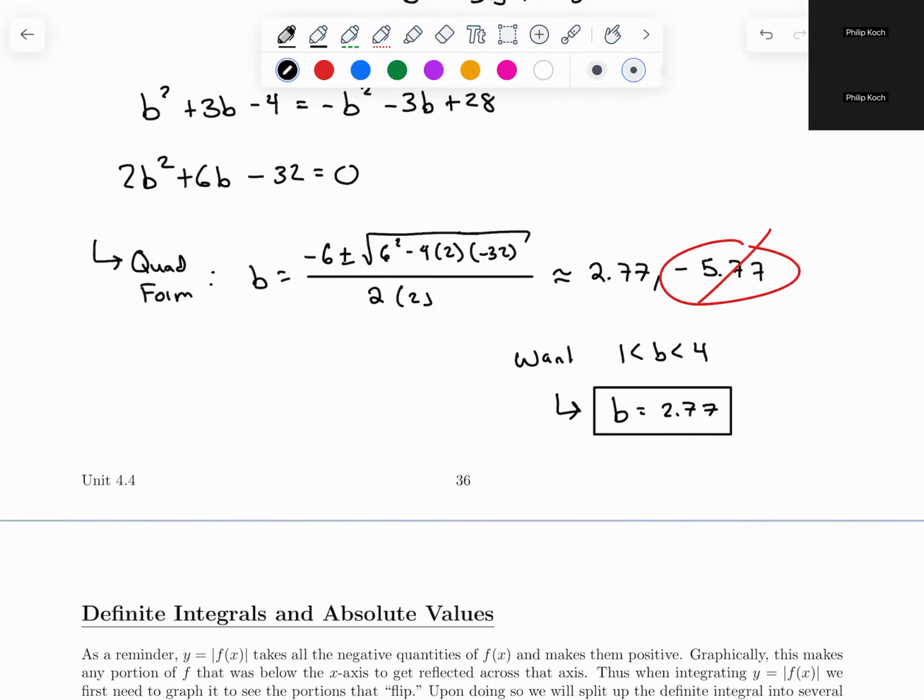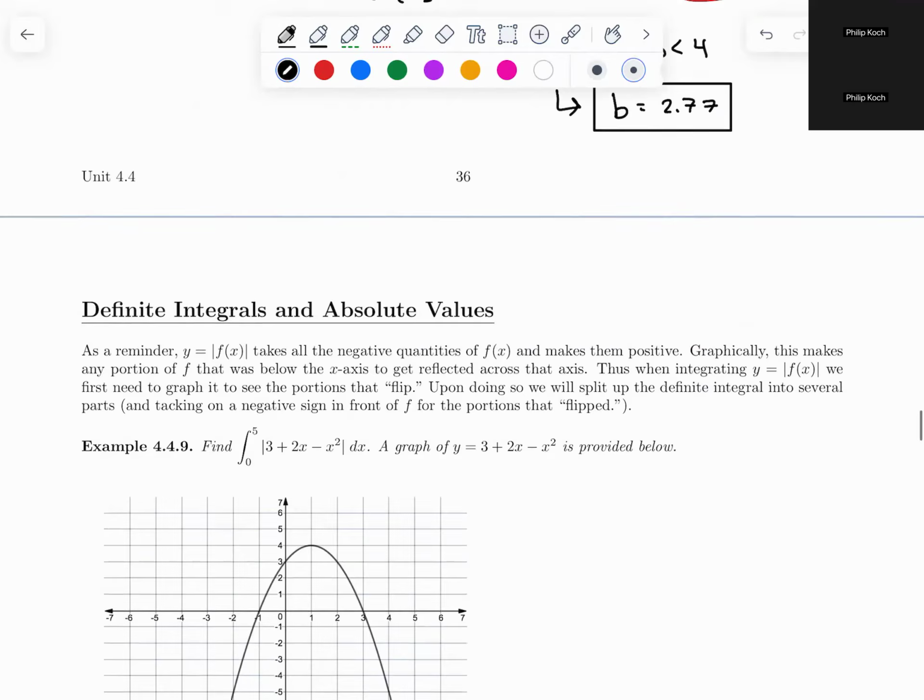Definite integrals and absolute values. As a reminder, the absolute value function takes anything that's negative and flips it to positive. That's the practical application of it. There is a lot more mathematical intuition that comes with the absolute value when you think about it as the distance from zero. But regardless, what it does is it takes all the negative portions of the function. Remember, f of x is a function value, a y value.